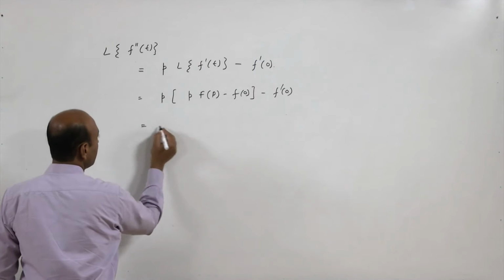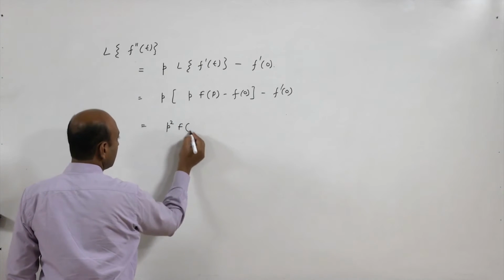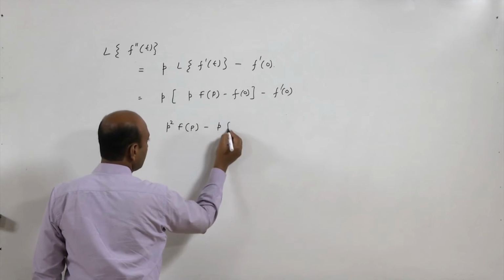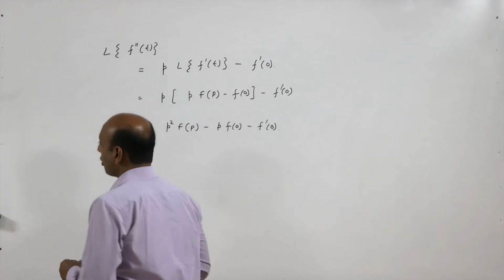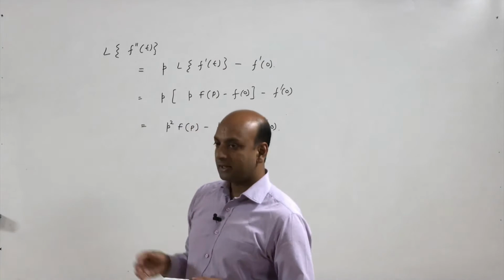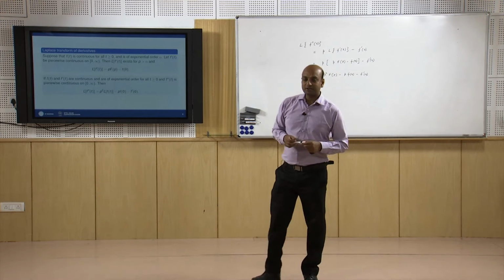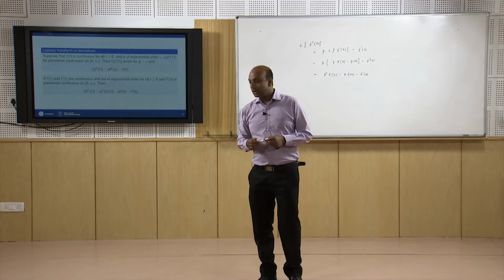So, this is nothing but p squared F(p) minus p f(0) minus f'(0). Hence we obtain the next result for Laplace of f''(t).